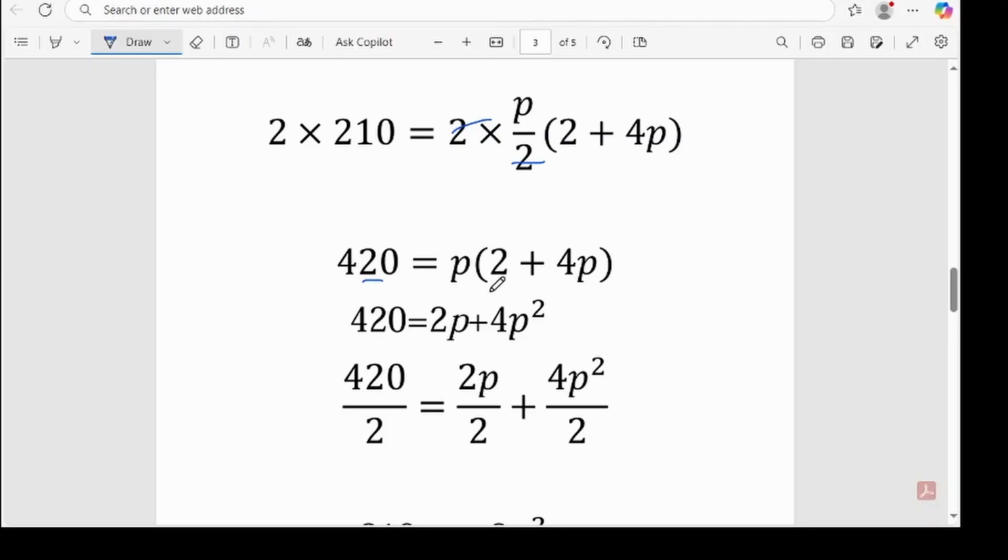So that's how come we had that equation. 420 is giving us p multiplying 2 plus 4p.